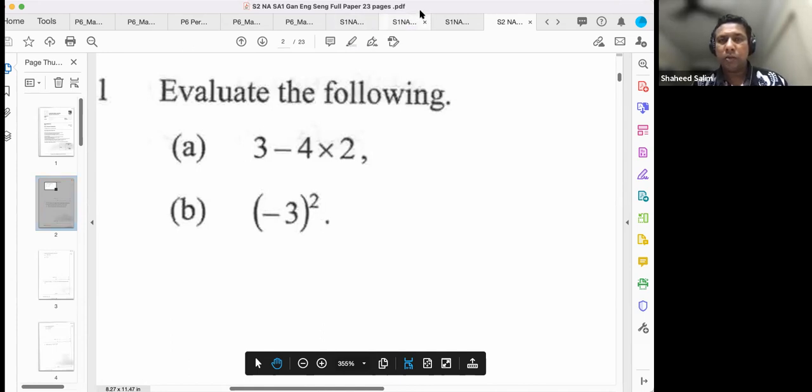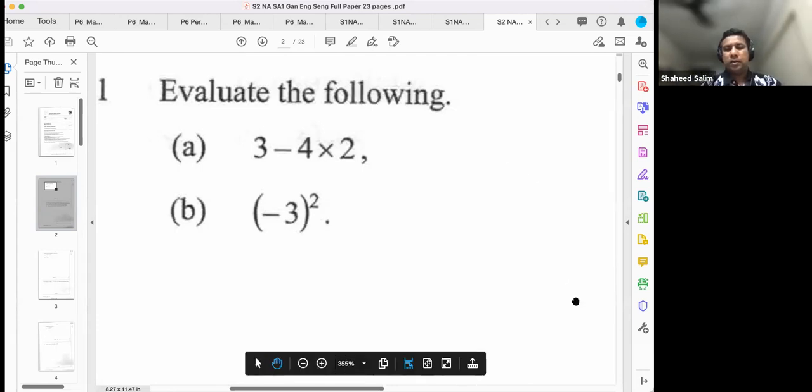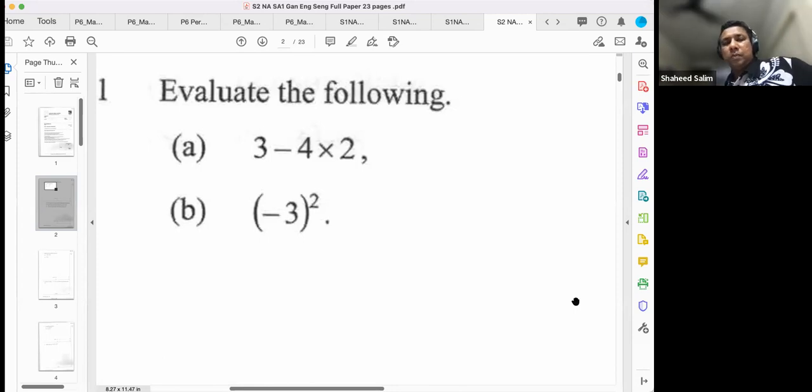The answer for A is -2 and the answer for B is 9.